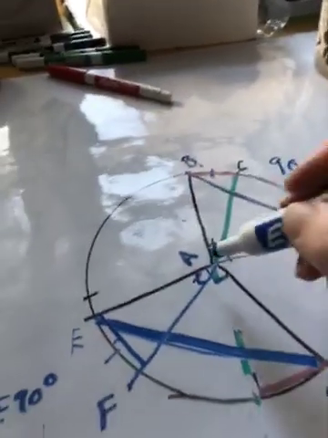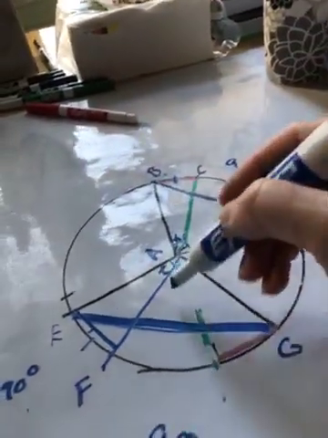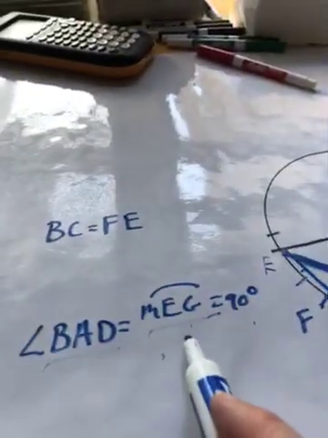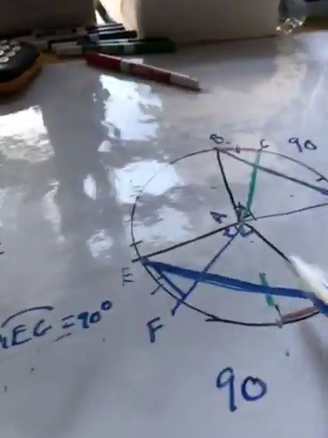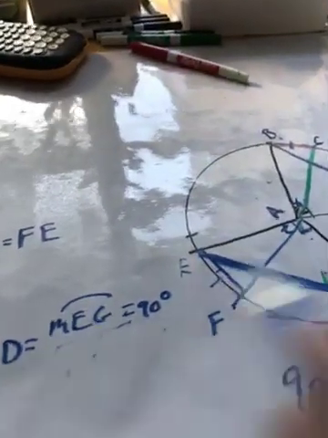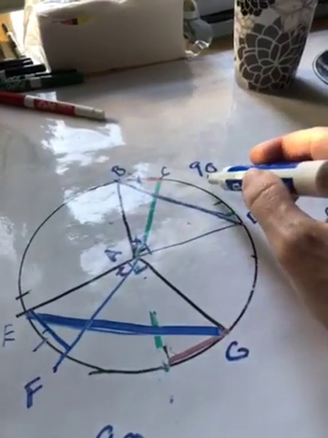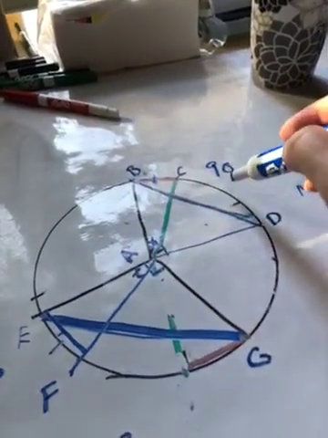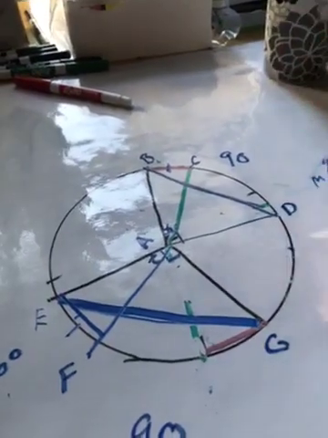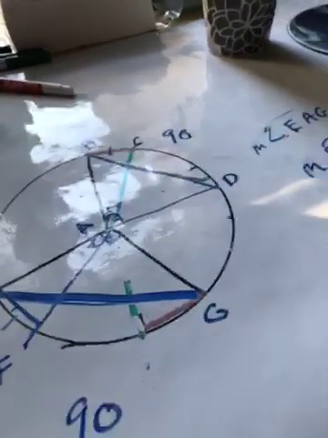This is 90 because EG is 90. Its central angle is 90. BAD is the central angle, but then the arc intercepted is also going to be 90. So that's how we're using that theorem.